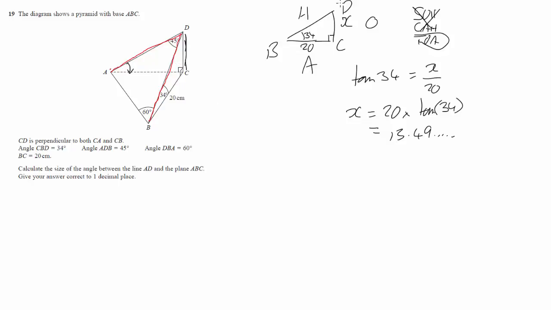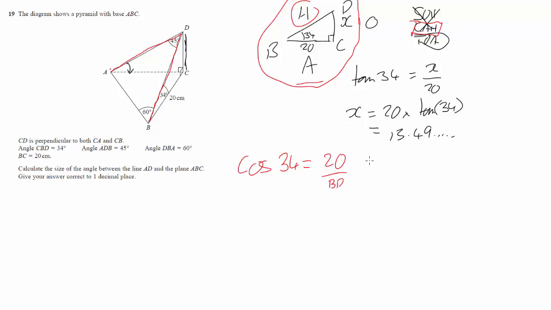So again, I'm still using this triangle here, but this time instead of using opposite, what I'm looking for is the hypotenuse. The adjacent and the hypotenuse was cos. So cos 34 is the adjacent 20 divided by the hypotenuse, which I'll call BD. Now to rearrange that, if you've forgotten your little triangles, I want the hypotenuse, which is adjacent over cos.